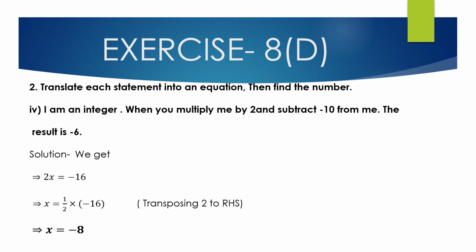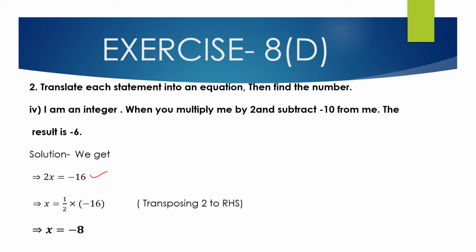Now we get 2x equal to minus 16 and 2 multiplied with x, this 2 transposes to the right hand side, this multiplication symbol changes to division symbol. So 2 transposes to the right hand side, 2 becomes 1 divided by 2.